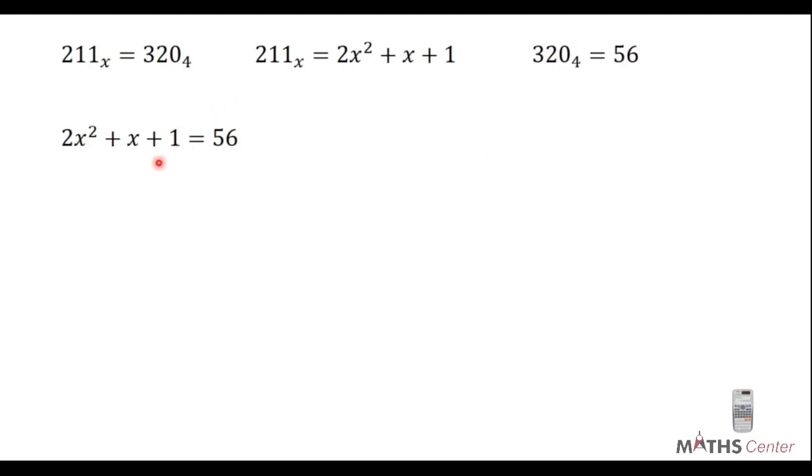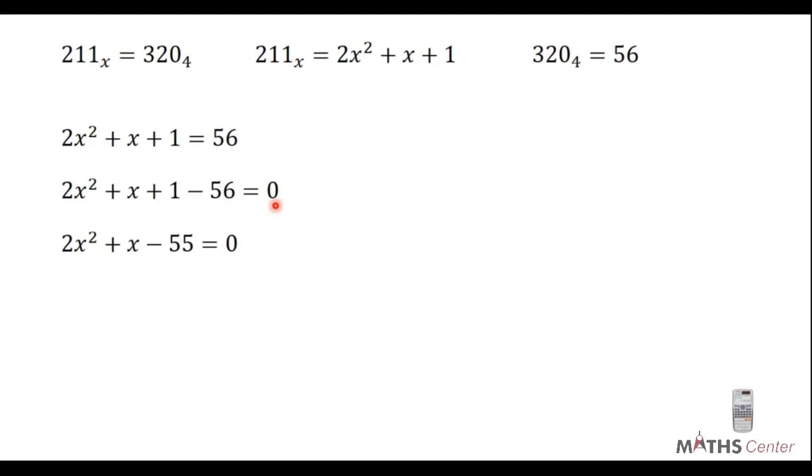Now this is a quadratic equation, so you bring this here so that you can have 0 on the other side. So you are going to have 2x squared plus x plus 1 minus 56 is equal to 0. And this is going to give us 2x squared plus x minus 55 is equal to 0.